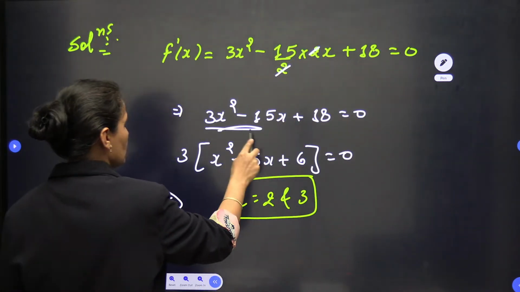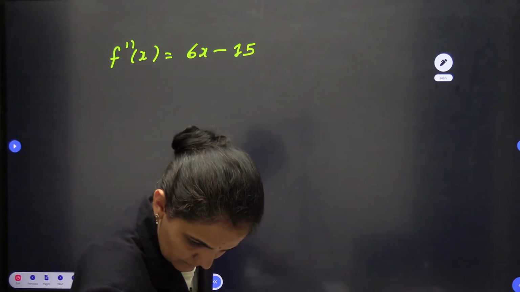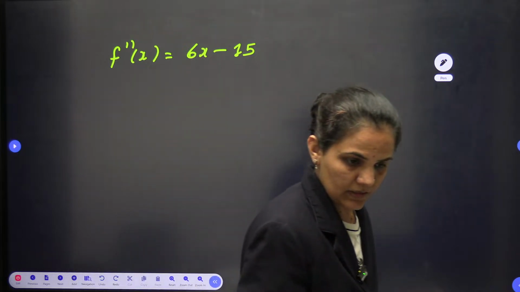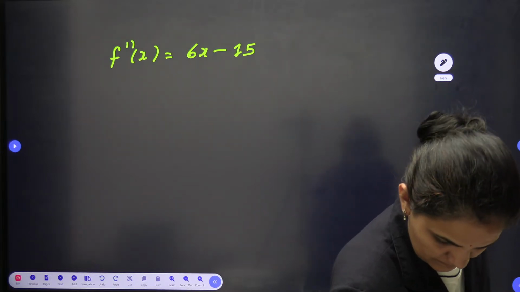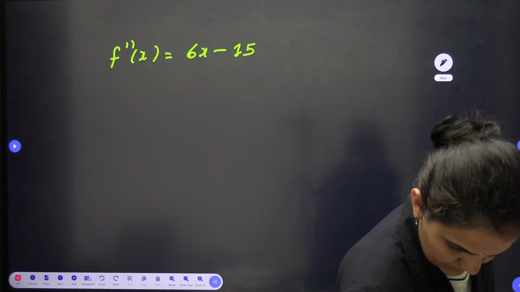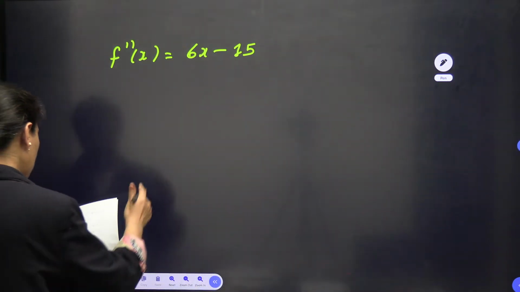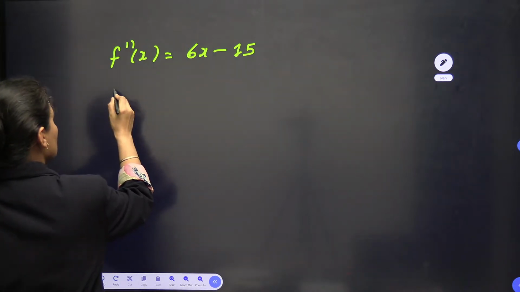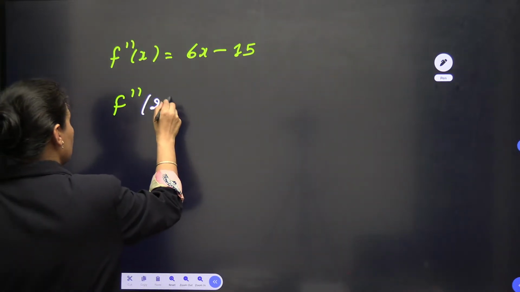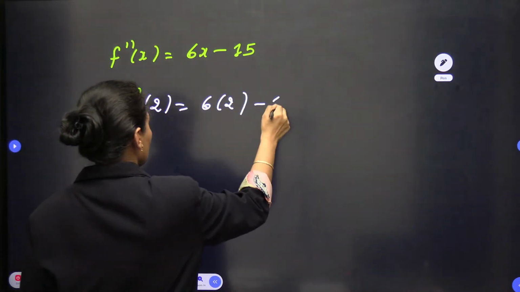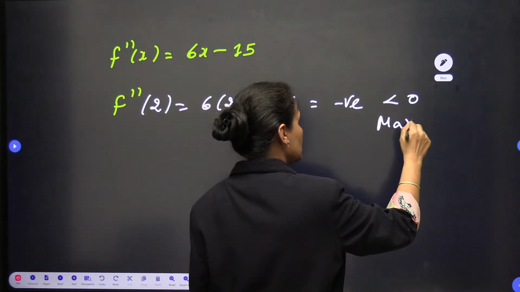So I need to find the value of the double dash derivative at 2. So this is 6 into 2 minus 15, which is giving me a negative value. Negative means less than 0, it means it is having maxima.